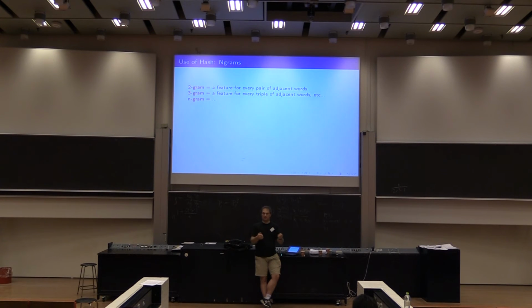One obvious way is with n-grams. So now the question is, how do we compute the hashes for the n-grams? A bigram, a 2-gram, is a feature for every pair of adjacent words, or a feature for every triple of adjacent words, or a feature for every n adjacent words. Right?